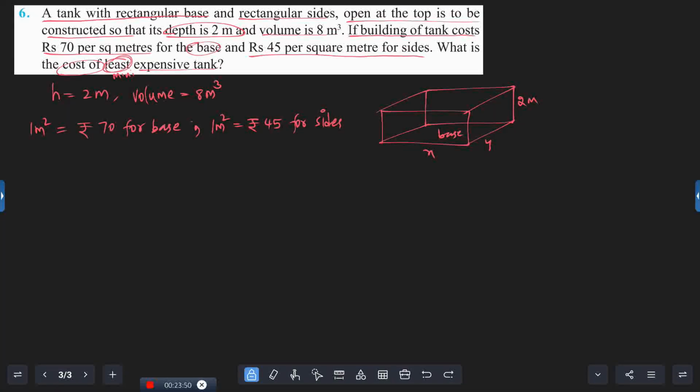First we will find the base cost. How much will it be coming? How can we find the base cost? 1 meter square is 70. Base area into cost we can multiply. Am I right?